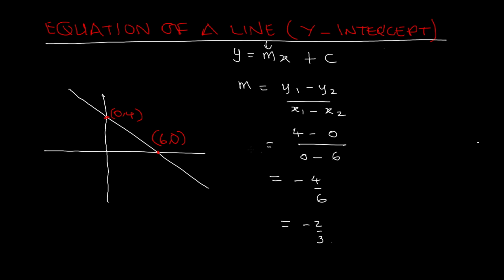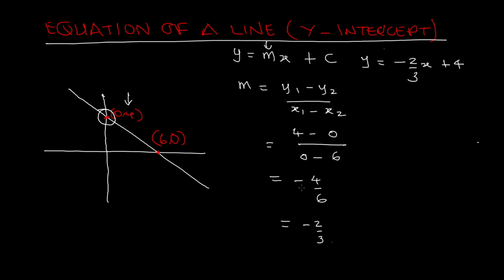Now we can also continue here and look at what the intercept is. We said the intercept is going to be this point here. What's the value of y at this point? It's going to be 4. So our equation is going to be y is equal to minus 2 over 3 x plus our c, which is 4.